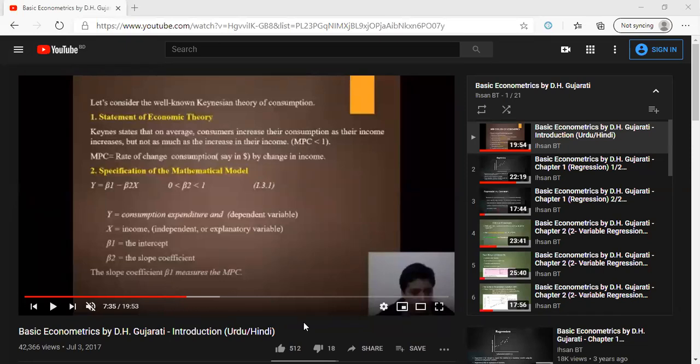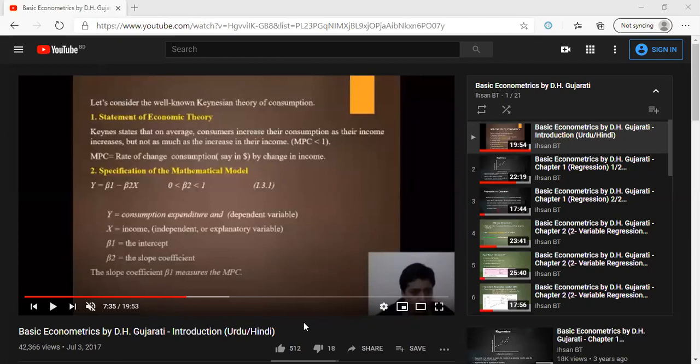That's what the economic theory is. That is the starting point. Then you try to write it in some equation form, some mathematical function. You translate the economic theory into a mathematical function.